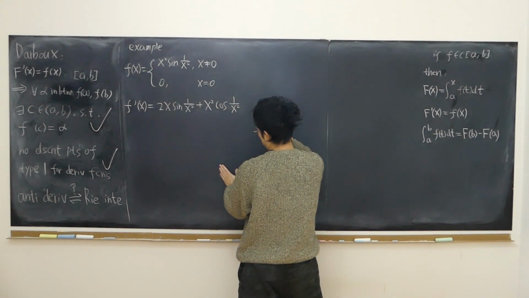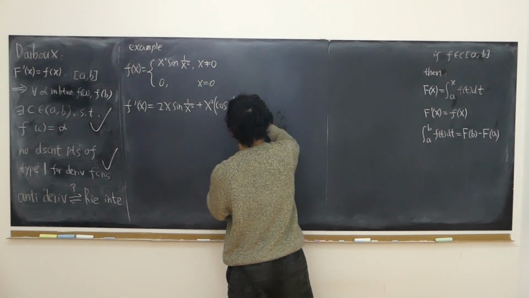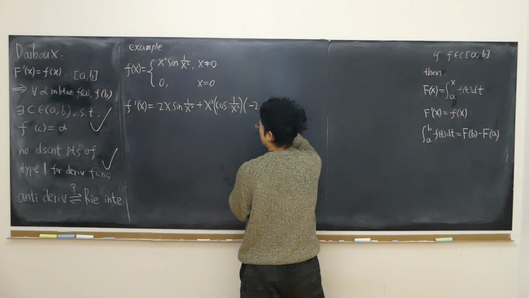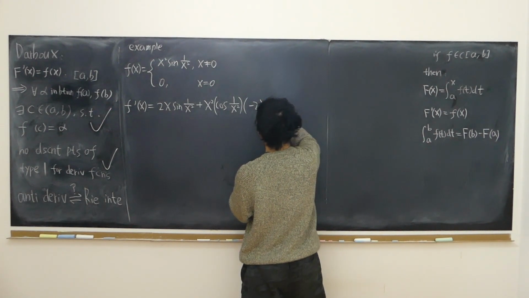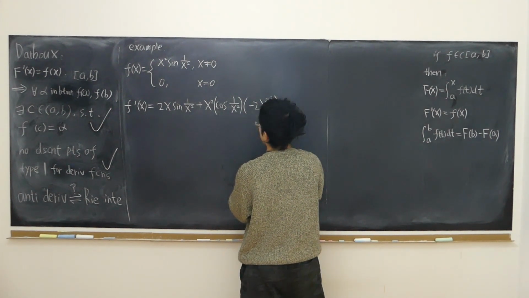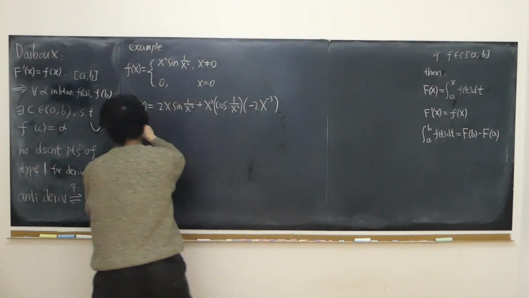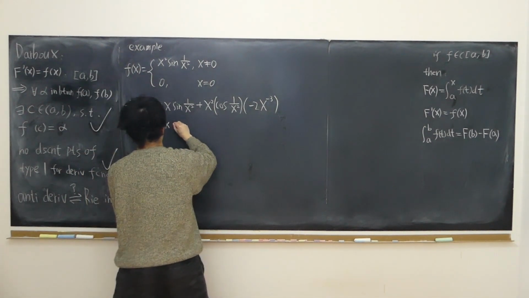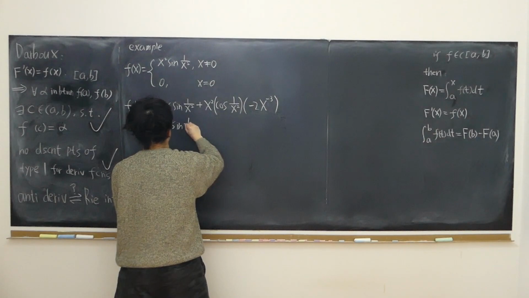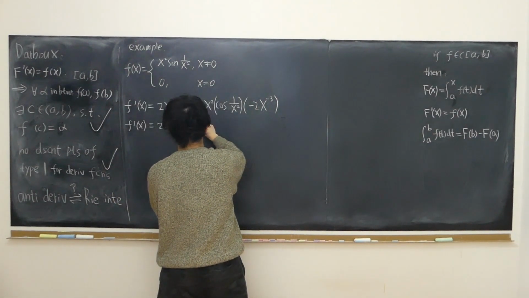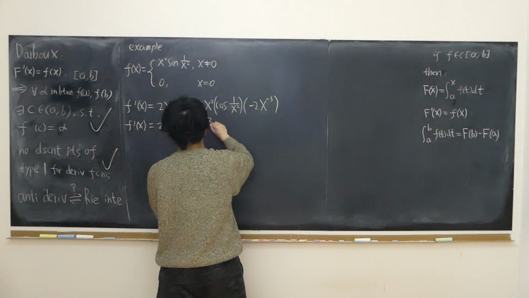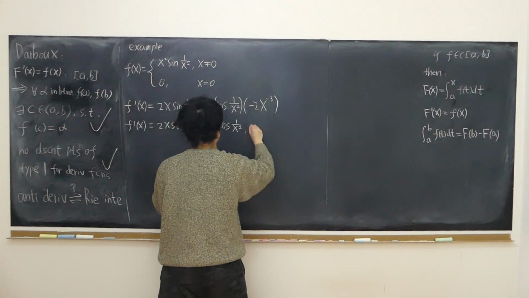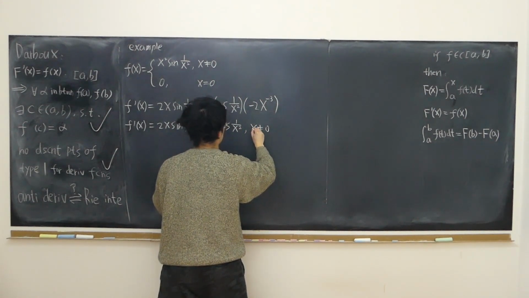To differentiate that, we multiply by negative 2, then x to the power of negative 3. Then we can simplify everything. So f dash is equal to 2x times sine of 1 over x squared minus 2 over x times cosine of 1 over x squared, when x is not equal to 0.